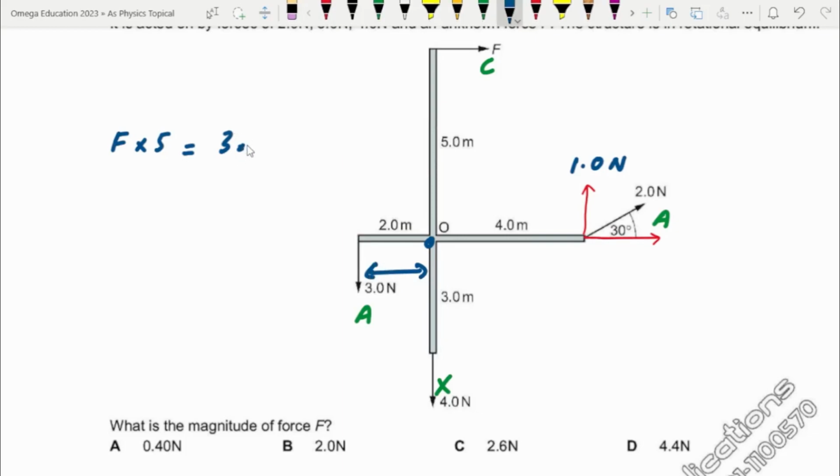So 3 times 2, plus this one, 1 Newton times 4. Then we can simplify it. What do we get? 6 plus 4, 10. 5 divided on the other side, and we get 2 as the right answer for this one.